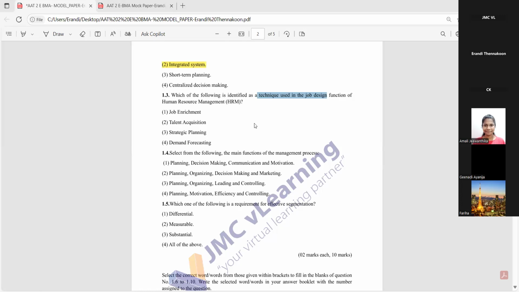So when it comes to job design, it is about creating and generating jobs for people in an organization. We consider job design as a primary function of HRM.